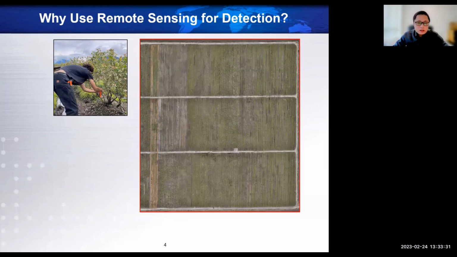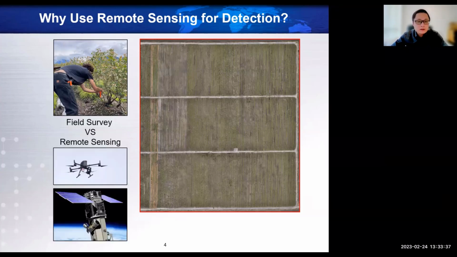Using remote sensing could be more efficient if we get images from drones or satellites. The images cover the entire field, as shown here, and then we can apply some models to identify the infected bushes and the healthy bushes. Eventually we can estimate the percentage of infection, maybe 0%, or 10%, or 50% of the total bushes infected.